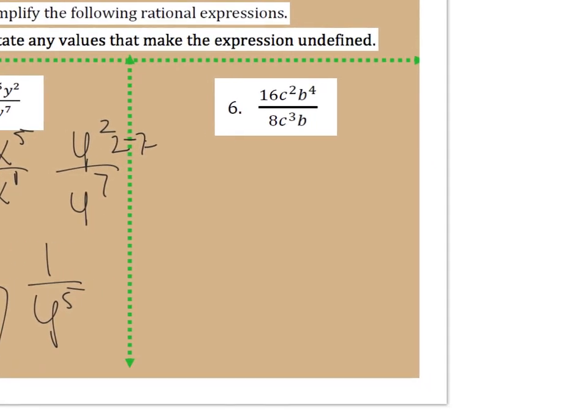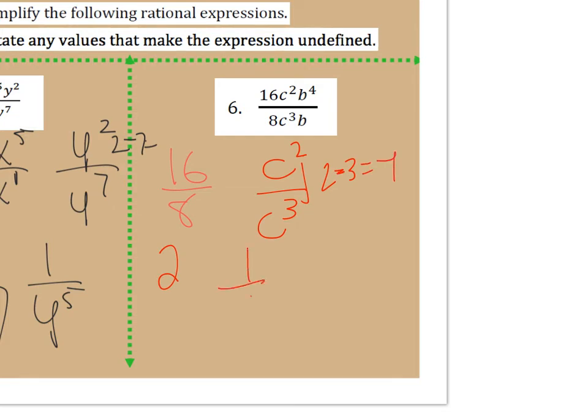So for number 6, same kind of idea. I'm going to break it up. So I'm going to take 16 over 8, and that's going to give me 2. If I take c squared over c to the 3rd, 2 minus 3 is going to be negative 1.